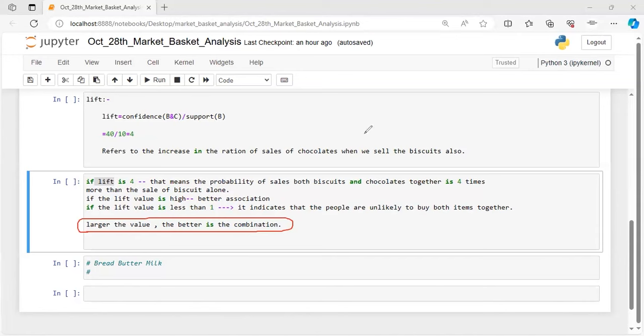If you want to combine 2 or 3 items, here we are just finding item A and item B. You can also combine biscuit plus chocolate, and then ice cream.